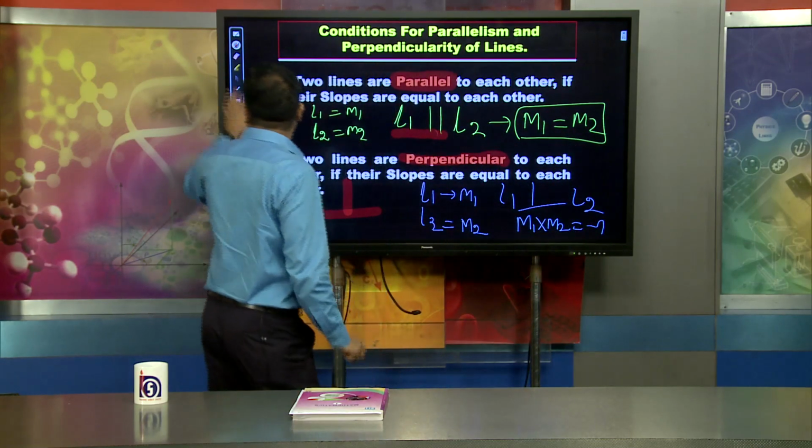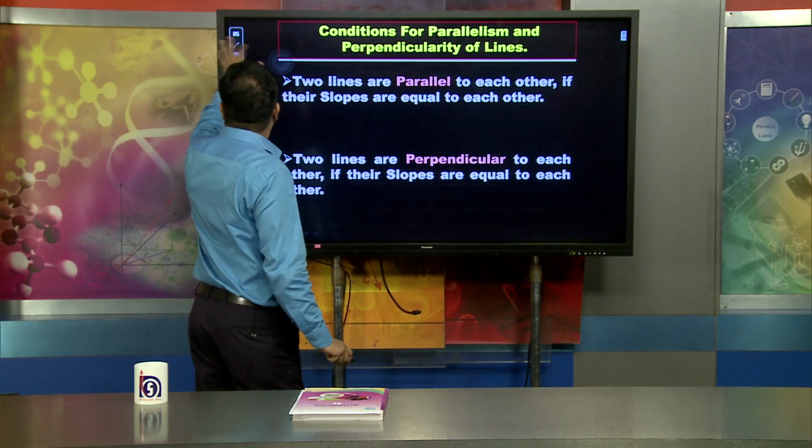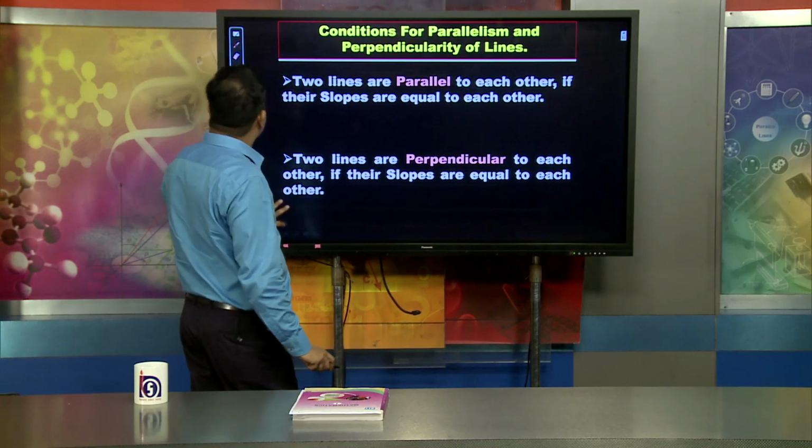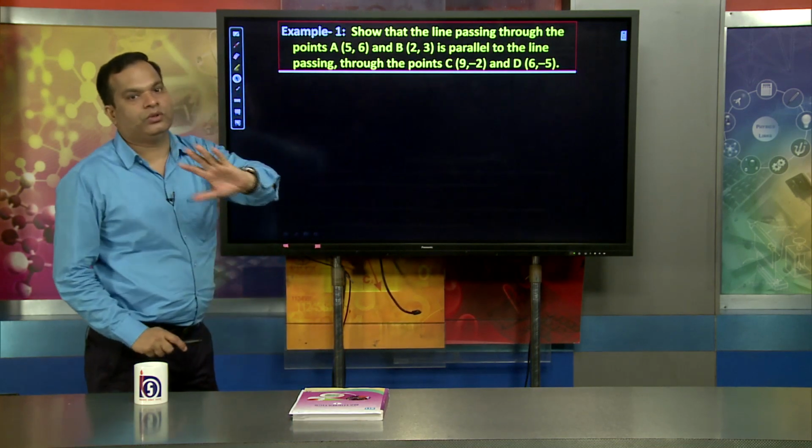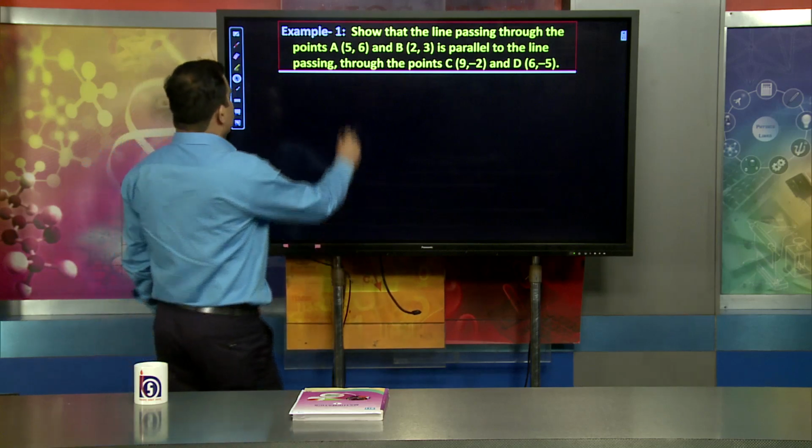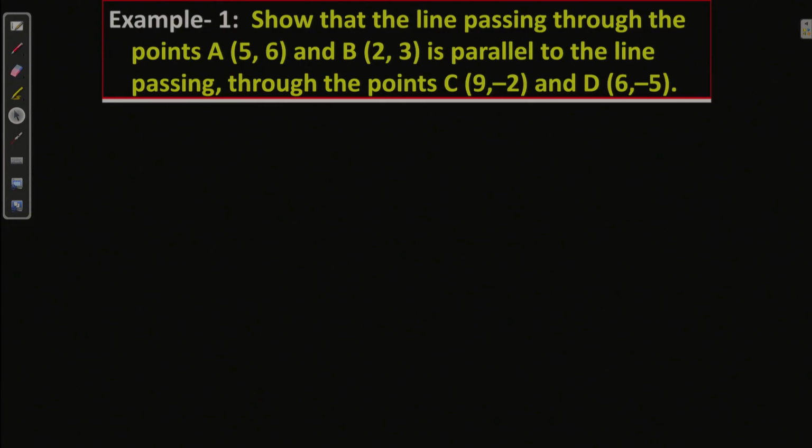Let us take an example to understand the conditions for parallel and perpendicular lines. The line passes through the points A and B, given as A(5, 6) and B(2, 3).